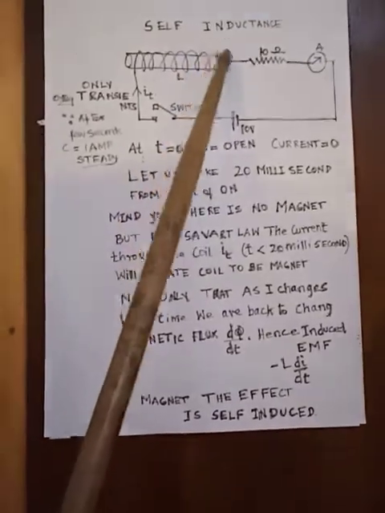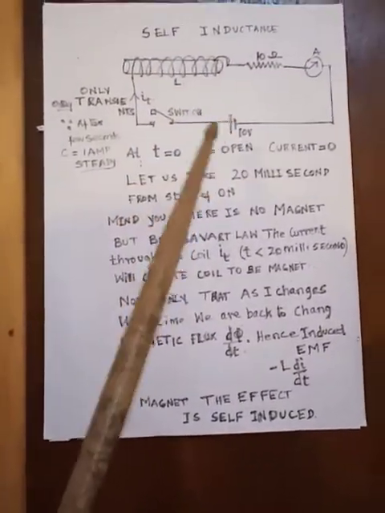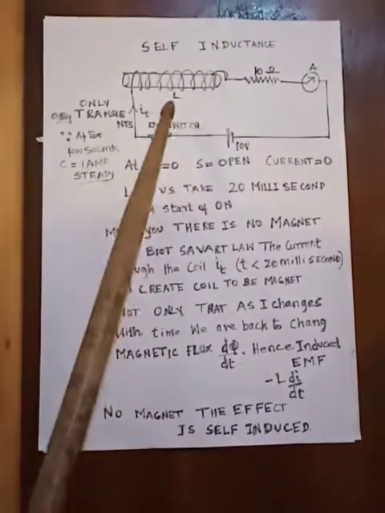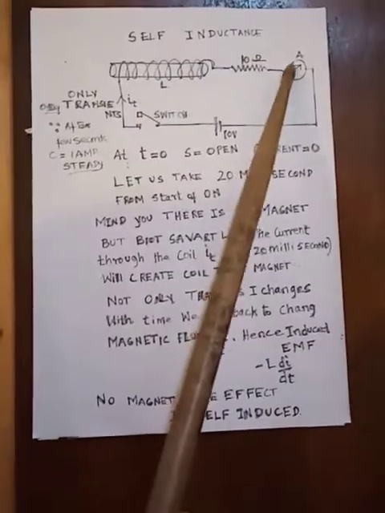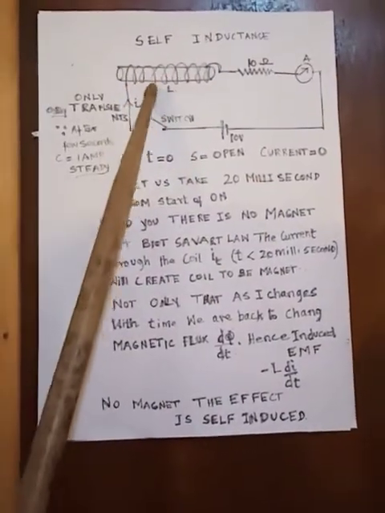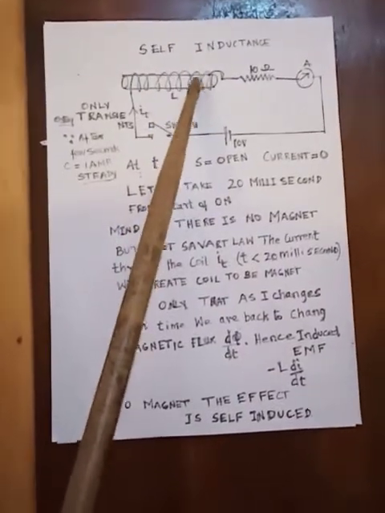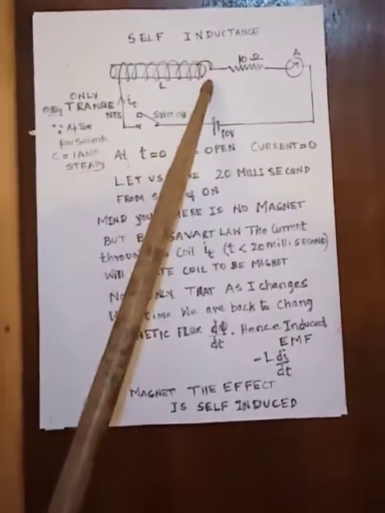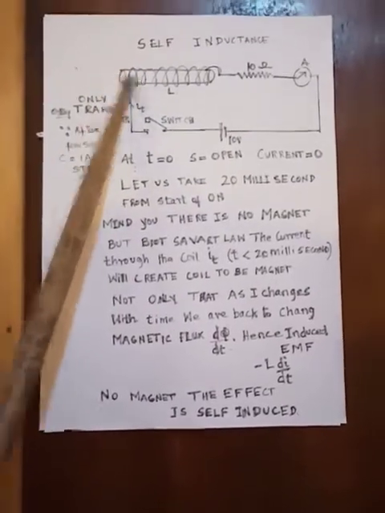This magnetic field is changing from 0 to t equal to 20 milliseconds. The current is changing from 0 to final value I. So during that change, there will be change of magnetic flux. And this change of magnetic flux in turn will produce induced EMF.